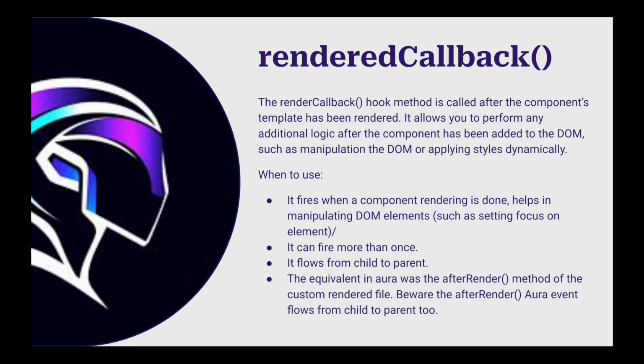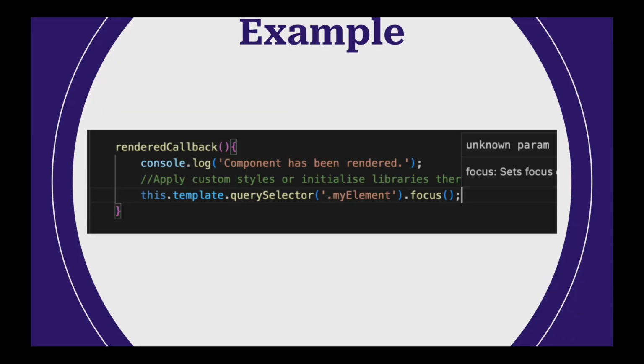In LWC, the constructor flows from parent to child, but in Aura components it flows from child to parent. Let's move forward. So the example of renderedCallback is there. You can see we are calling that myElement class, and we are changing its focus. So we can set its focus and even use it to apply any style dynamically.